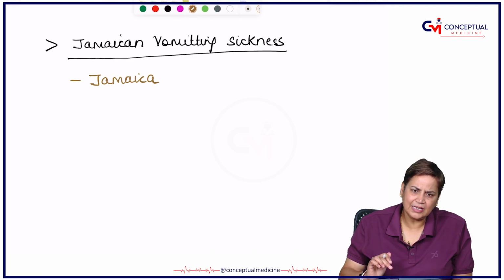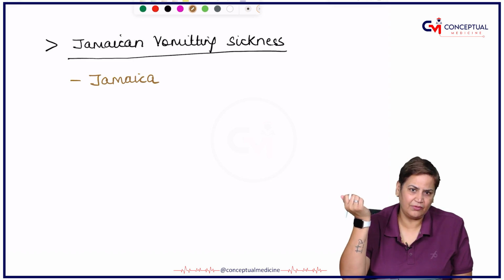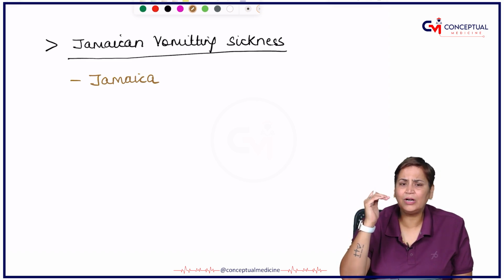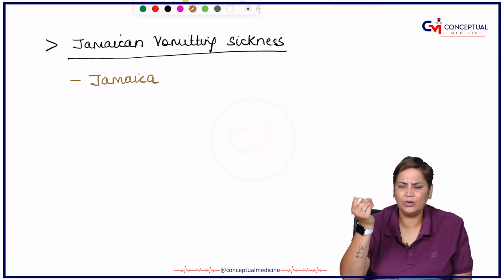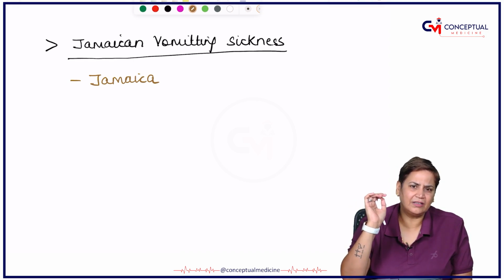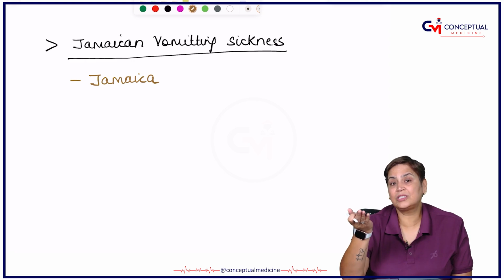So there is one ackee fruit. If the person eats that unripe ackee fruit, it has a very toxic substance which is hypoglycin. So that hypoglycin puts the person into hypoglycemia.